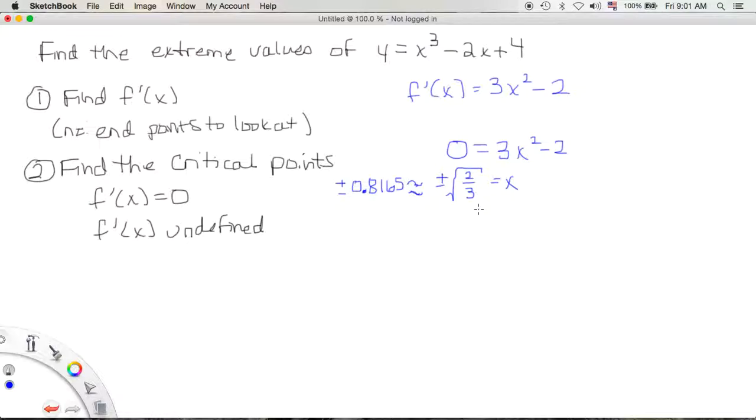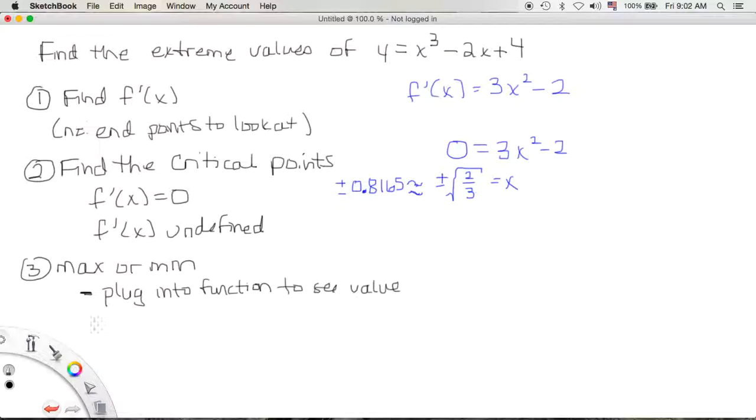Now, there's a couple of ways you can test whether they're maximums or minimums. The first method is you can plug it into the function and see which one's bigger. The second method is to test with the first derivative.